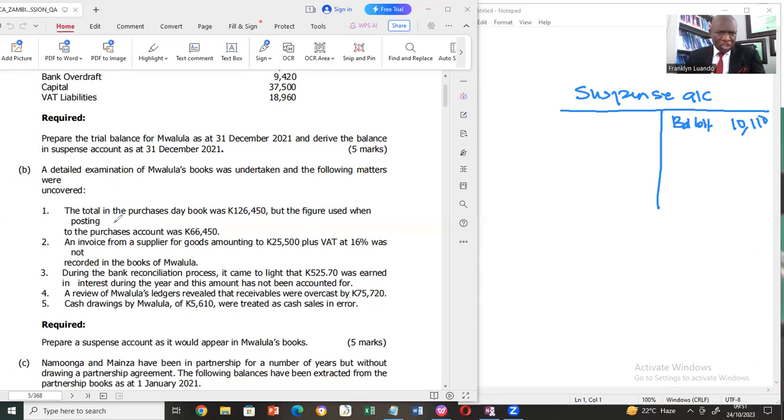The total in the purchases day book was 126,450, but the figure used when posting to the purchases account was 66,450. So you go to the purchases account and try to see the mistake made. In the purchases, this is a cost, therefore it's debit.